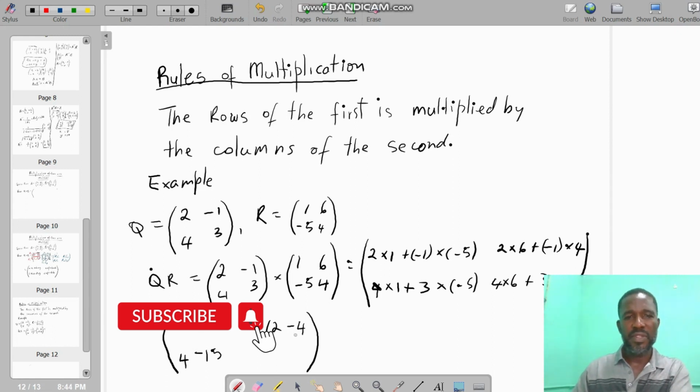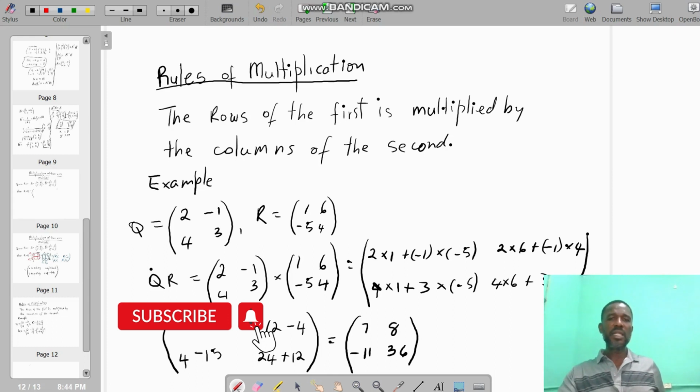Here we have 6 times 4 will give you 24, and 3 times 4 will give us 12. So our final answer is 5 plus 2 will give you 7, 12 minus 4 will give you 8, 4 minus 15 will give us -11, and 24 plus 12 will give us 36.